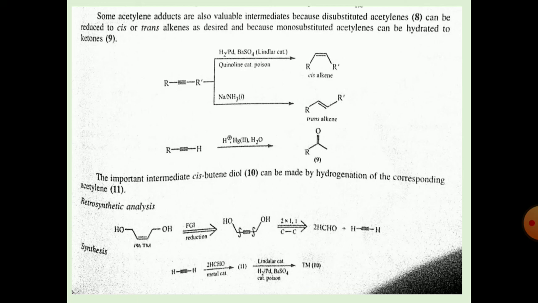Because of this, in the above example, in this acetylene the use of the Lindlar catalyst gives the cis alkene, and use of NaNH2 gives the trans alkene.